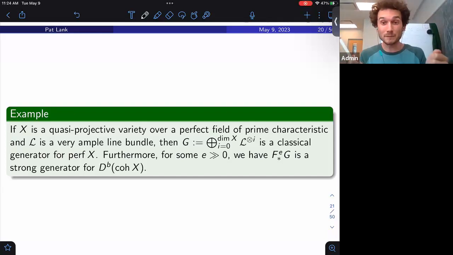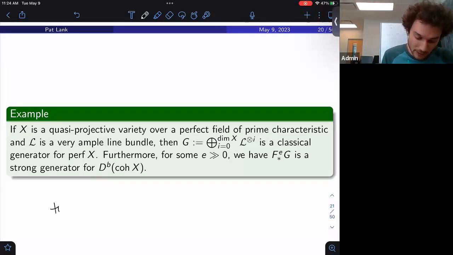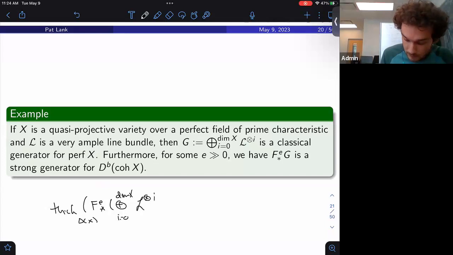Well, I can take our result, apply the Frobenius pushforward sufficiently many times, and all of a sudden I have a strong generator for this variety. So in some sense, what we're saying is thick of the pushforward of this direct sum is all of D^b(coh).